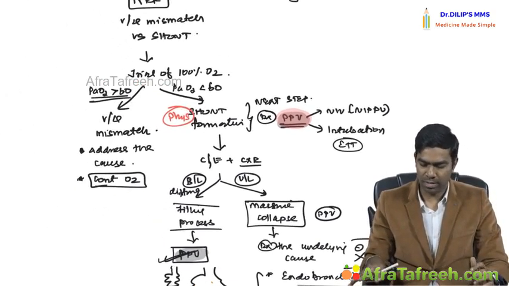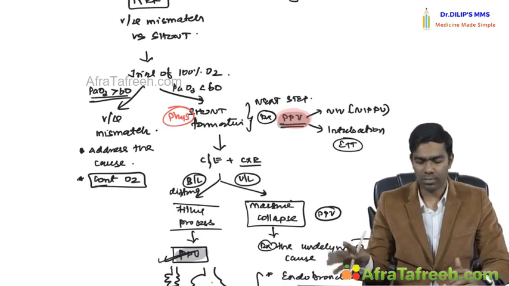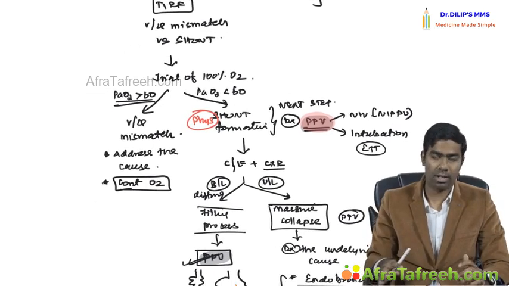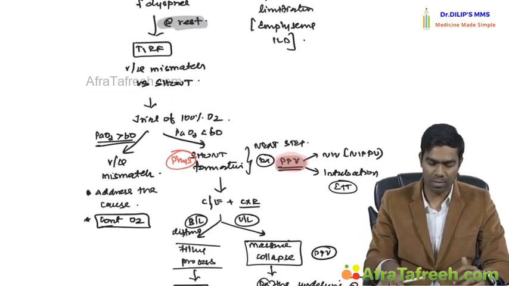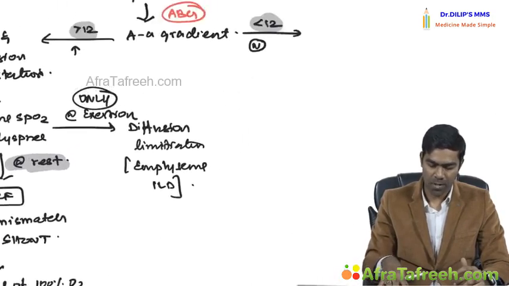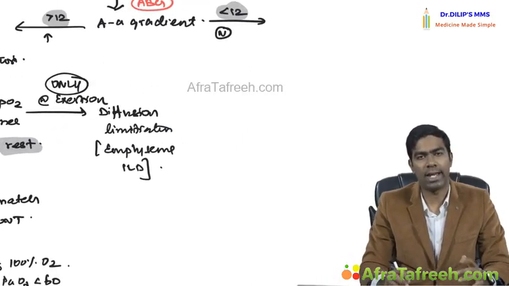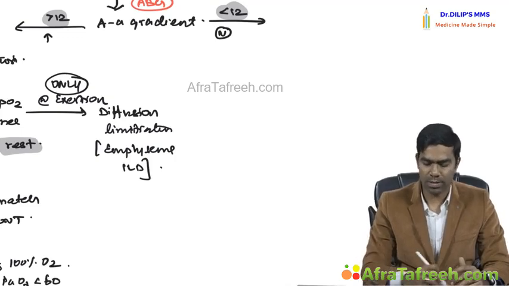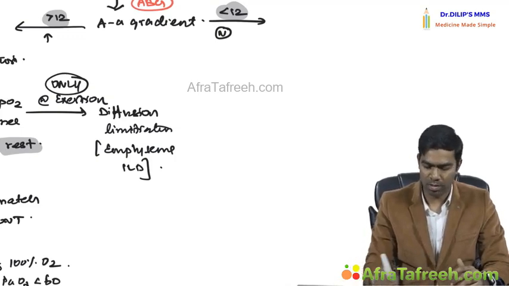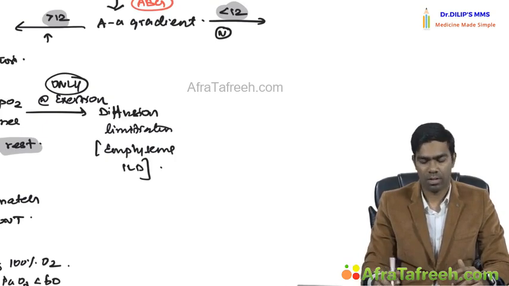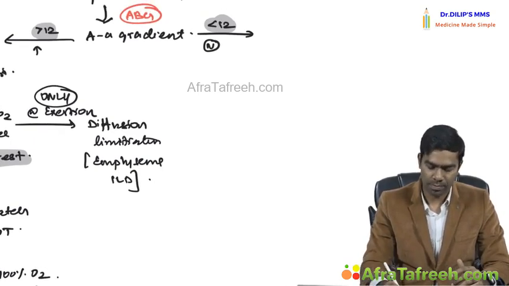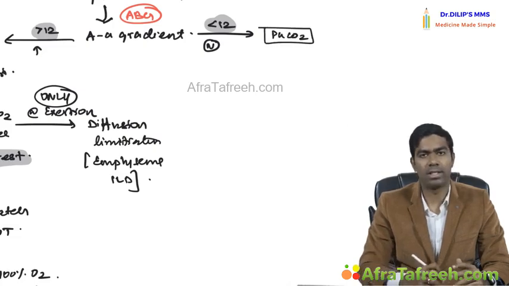So these are the ways to treat a type 1 respiratory failure in your ICU setting, and to understand the type 1 respiratory failure, remember, whenever your A-a gradient is less than 12, which means it is normal, what are you going to do? You are going to do a PaCO2 analysis in the ABG.